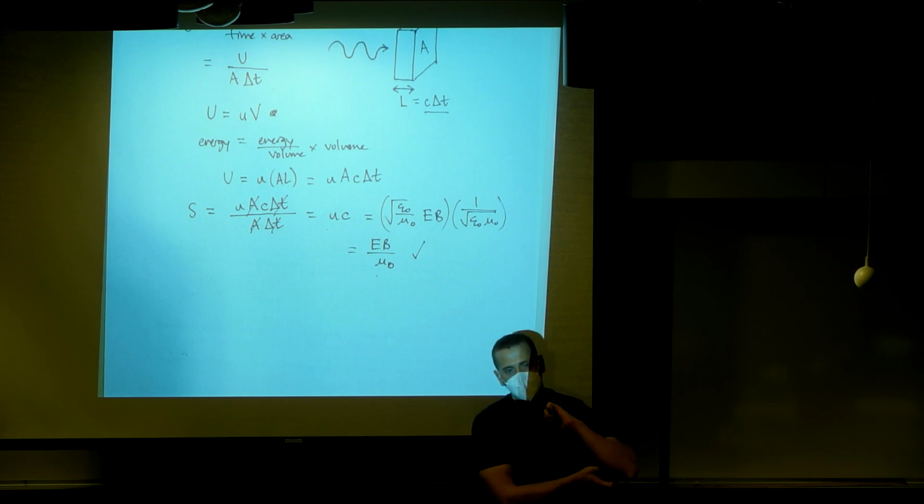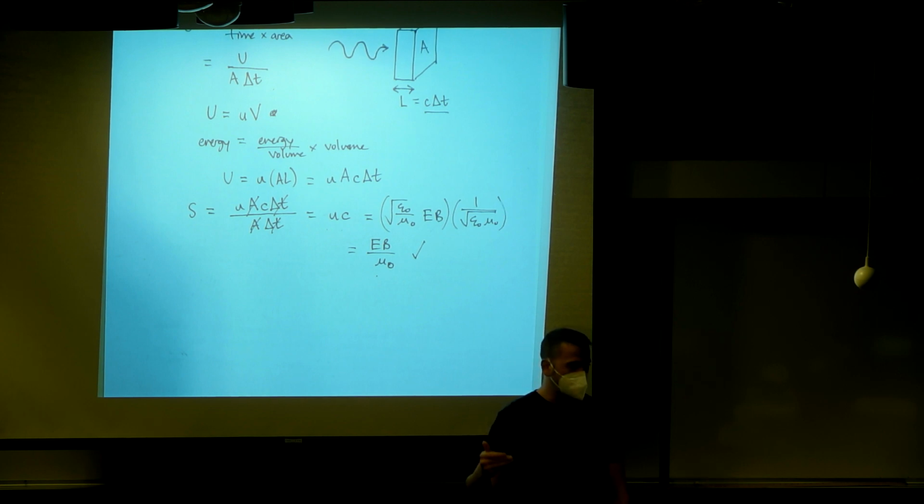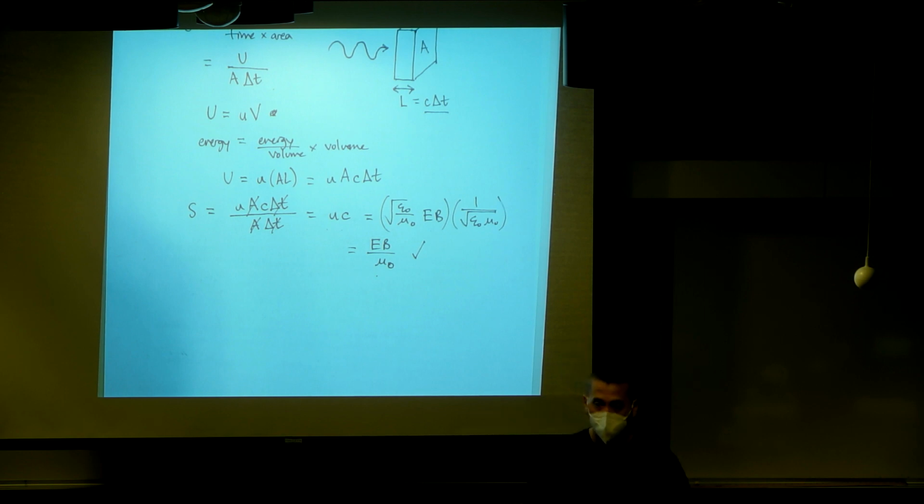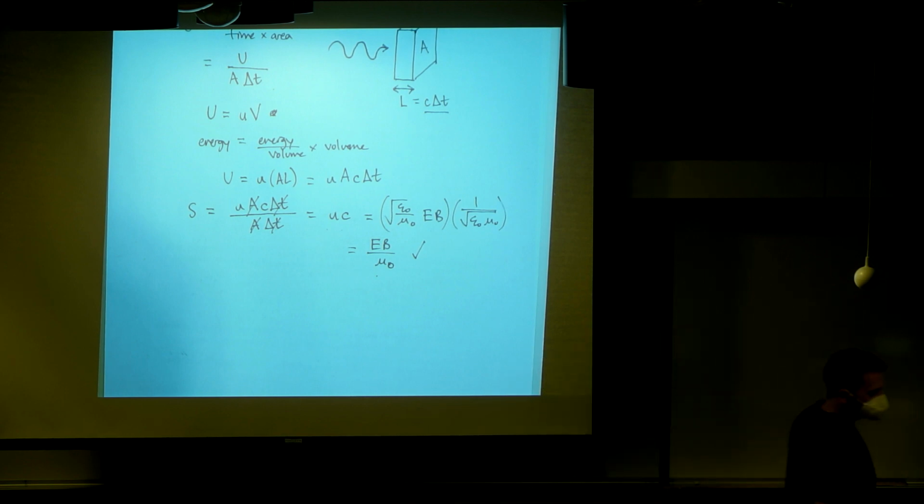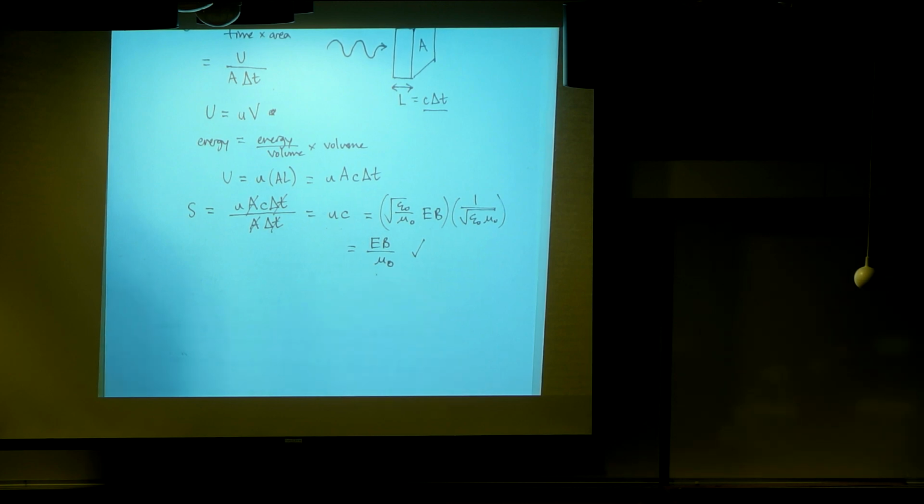I mean, think about trying to measure the oscillations of visible light, right? You'd have to be taking trillions and trillions of measurements every second just to get that right. So usually what we're interested in is just an average, okay? So I'm going to explain how we can go from this, which is like an instantaneous value, to an average, which is realistically what you're going to actually measure, okay?